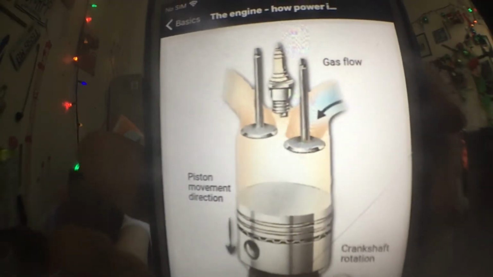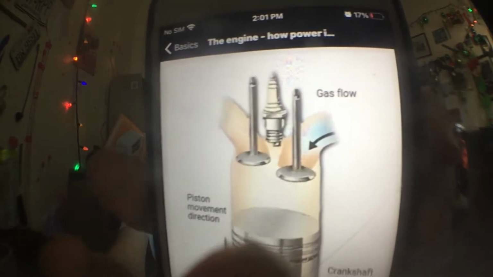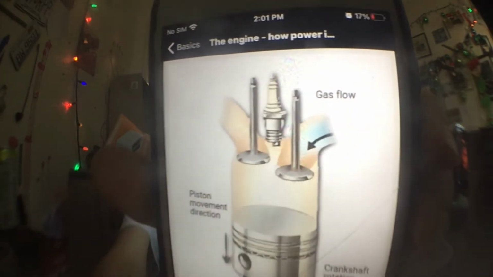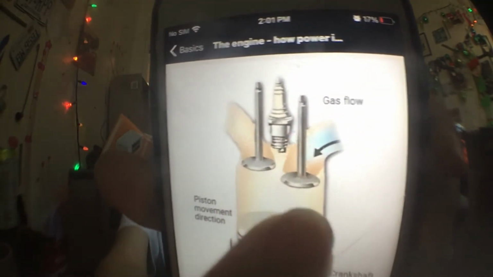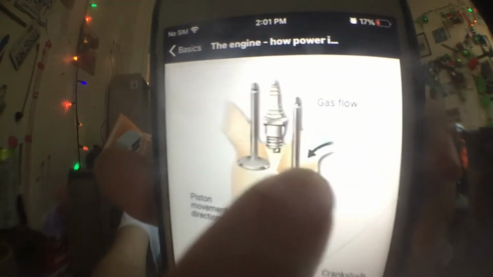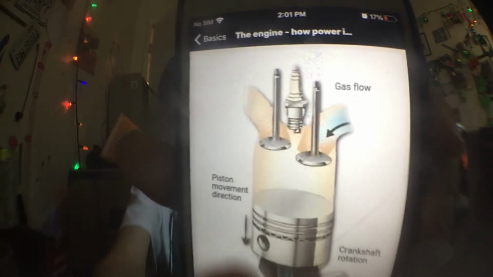Because when it goes up and down, this is when the stages come. So there's gas flow. If you look here, the piston goes down, the gas valve opens, and it sucks the gas down.